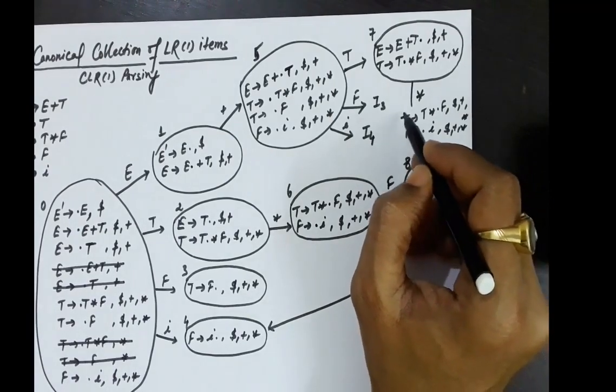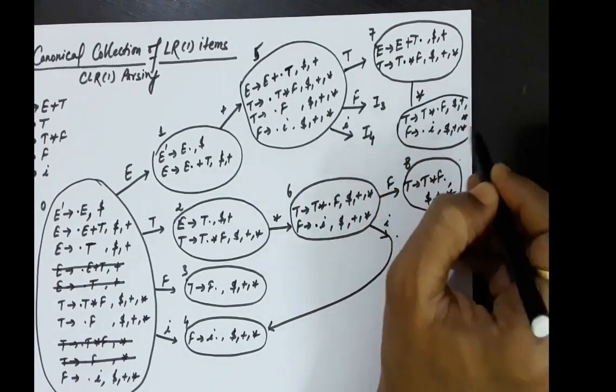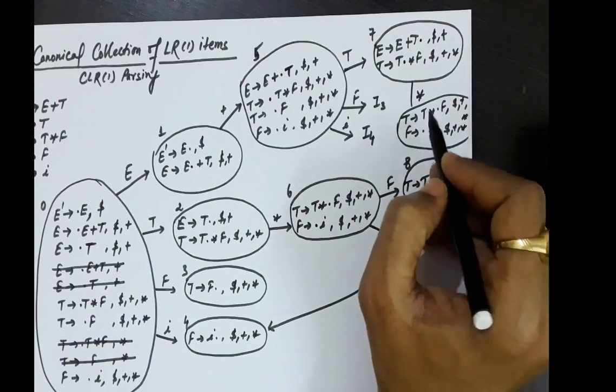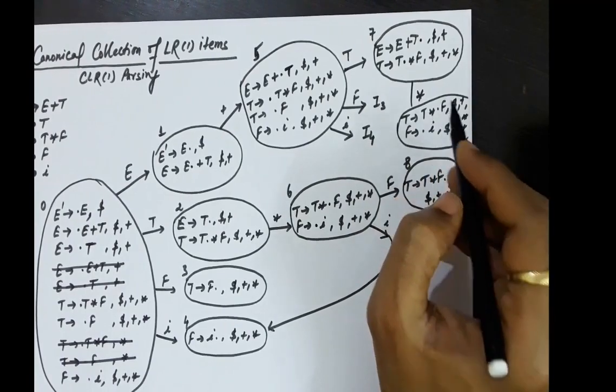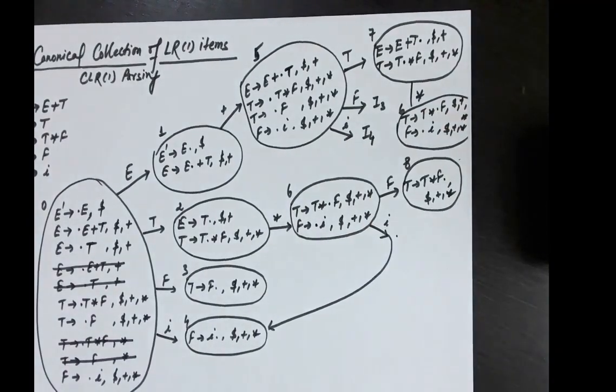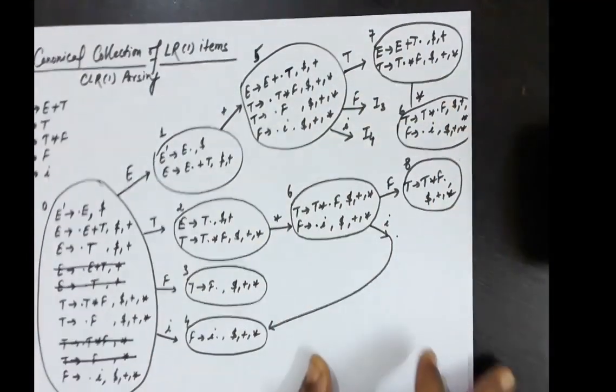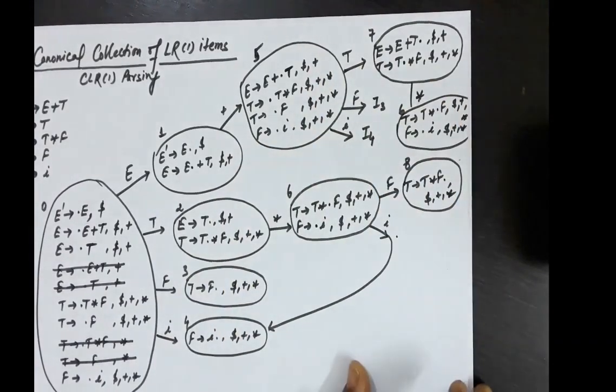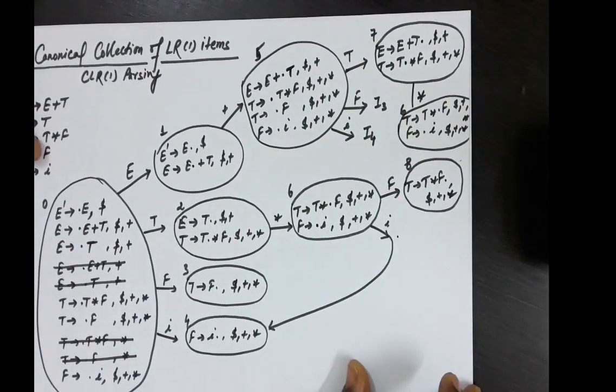If you can see, a collection of these items is nothing but the state number 6. Fine. So we have seen all the productions, we have seen all the transitions. Now we are ready for making the table.